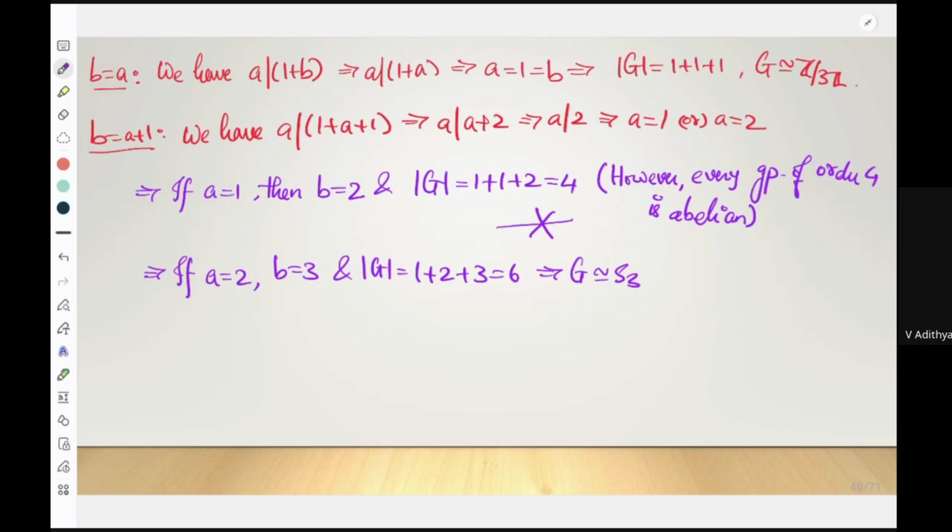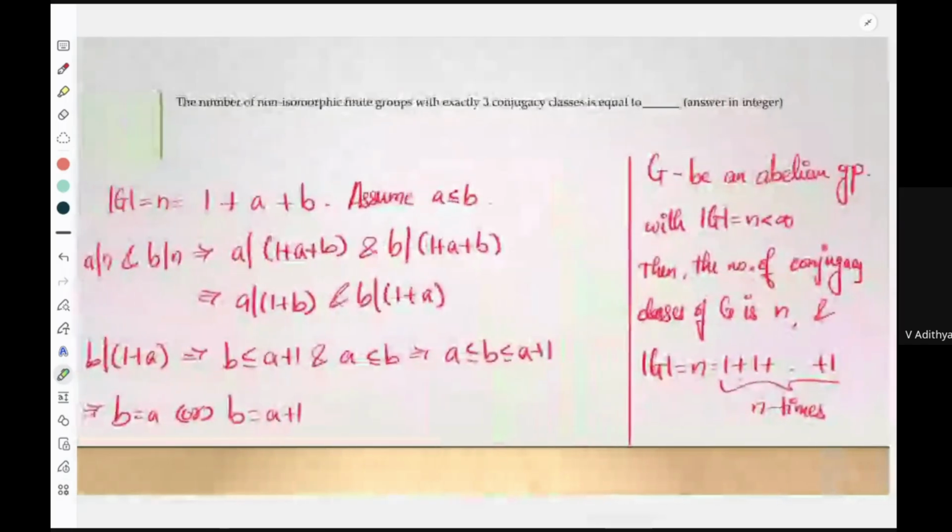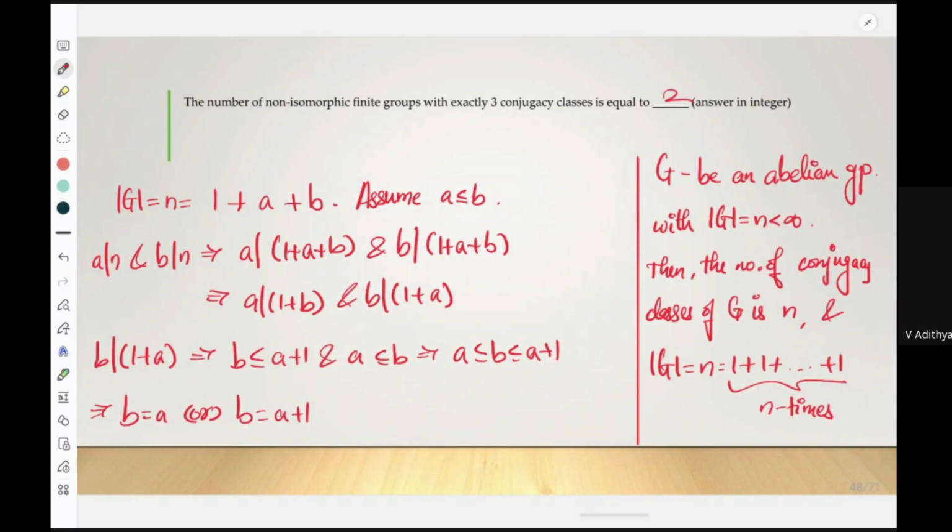Z6 is abelian, so it will be 1 plus 1 plus 1, six times. For S3, you can check it will be 1 plus 2 plus 3. So G is isomorphic to S3. So we have actually proved that if it has 3 conjugacy classes, then it has to be Z3 or S3. So that's actually 2.